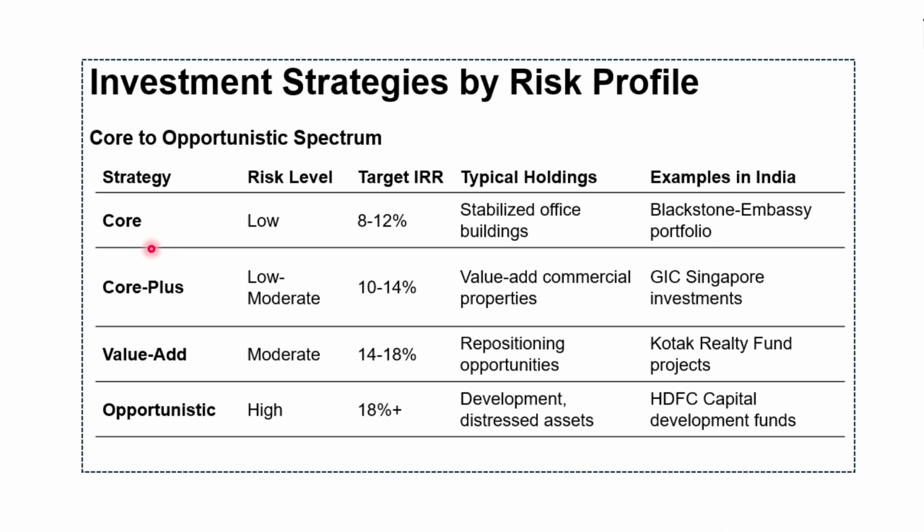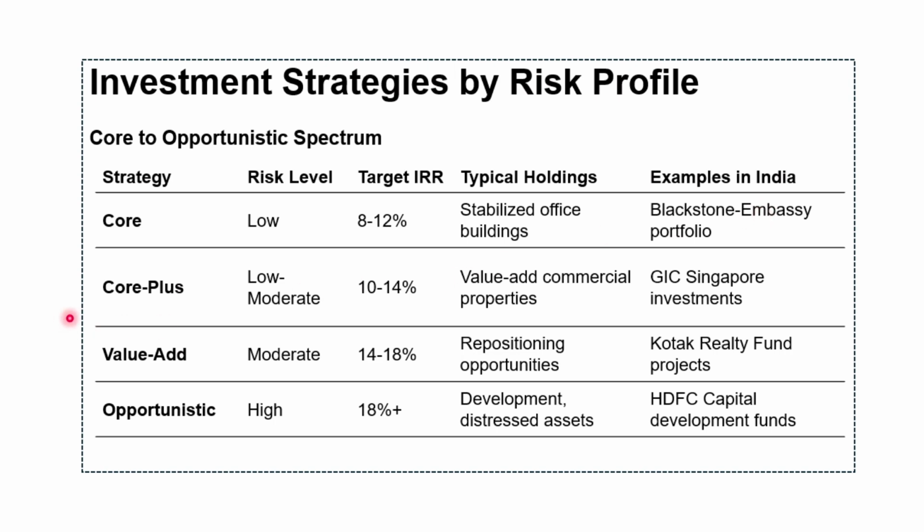Core strategies target low risk, stable assets. You can think of fully leased office buildings in prime locations with high quality tenants. Target return would be 8 to 12% with most return coming from income rather than appreciation. So Blackstone Embassy portfolio is a perfect example, acquiring stabilized office buildings with strong tenant profile.